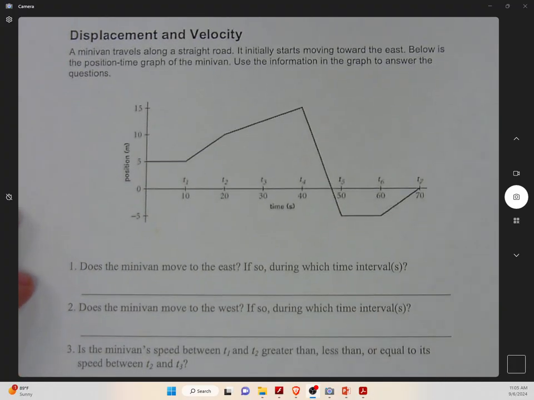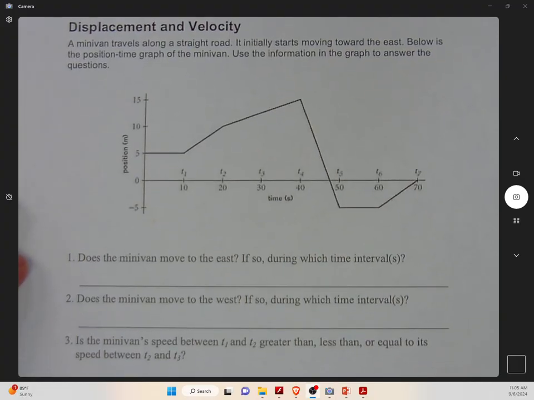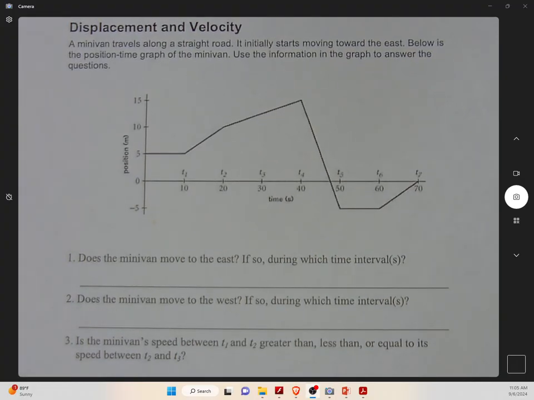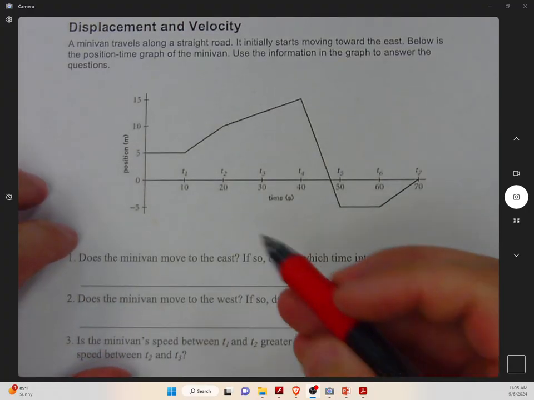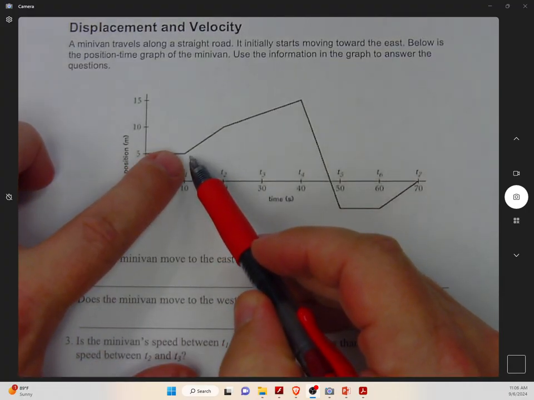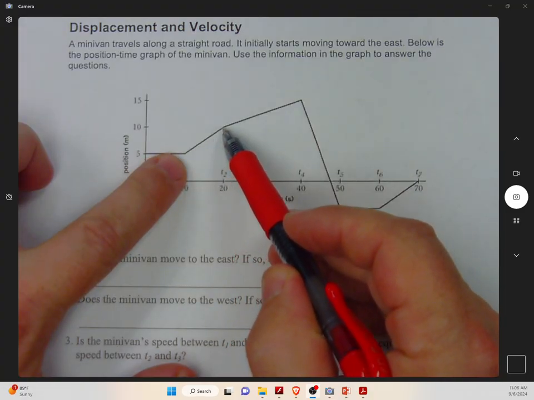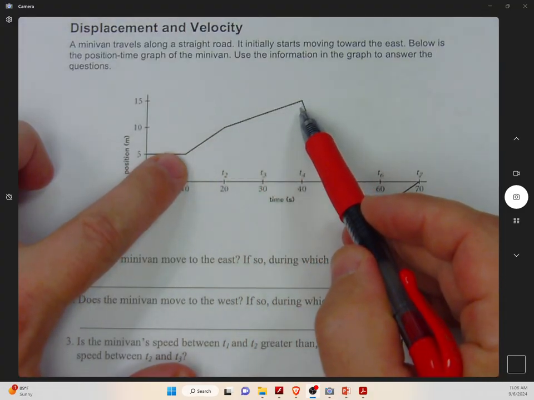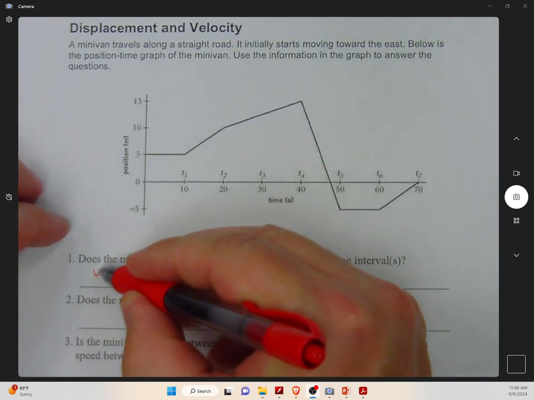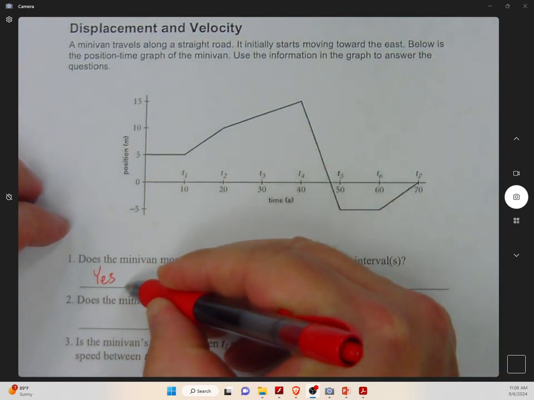So we're going to be referring to this graph each time we need to answer a question. So number one, does the minivan move to the east? If so, during which time intervals? Well, yes, we can see that starting here at T1, we're moving up the y-axis all the way until we get to T4. So, yes.